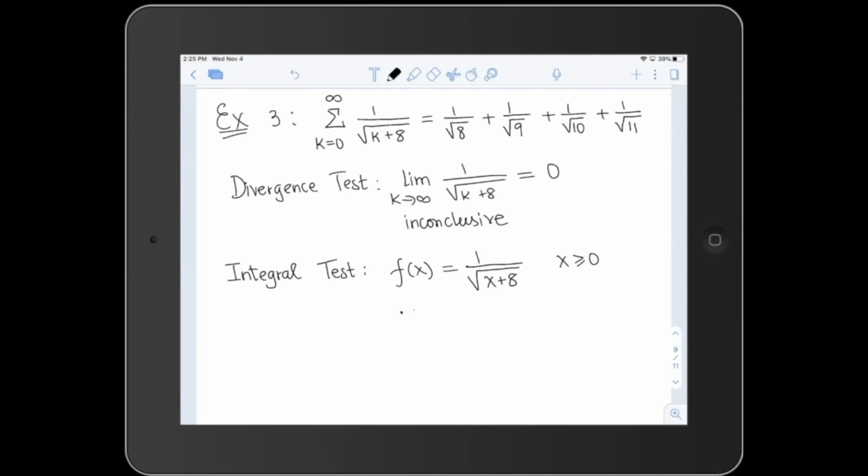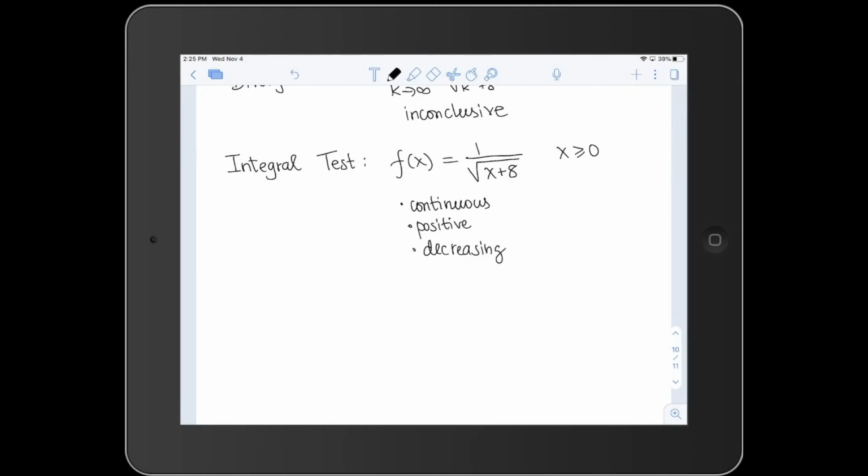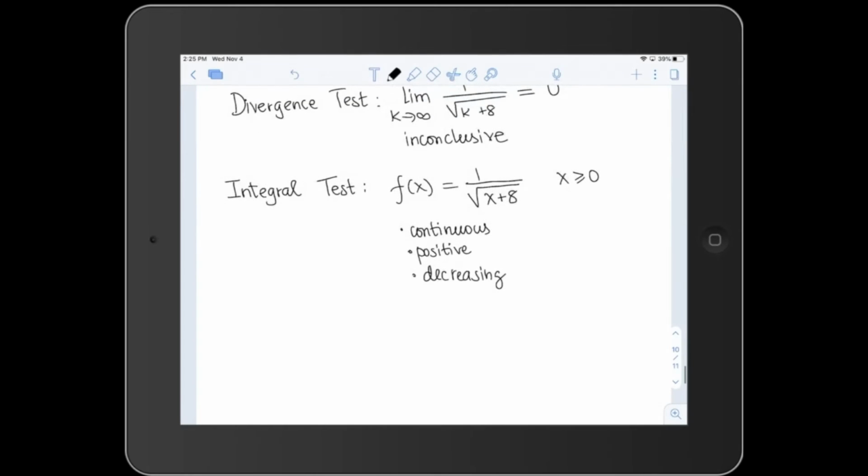This function is continuous, definitely positive, and decreasing. So all of these conditions are satisfied, and we're good to apply the integral test. Compute the integral from 0 to infinity of 1 over square root of x plus 8 dx.